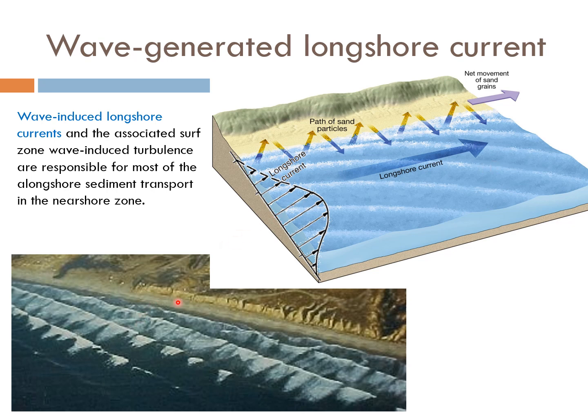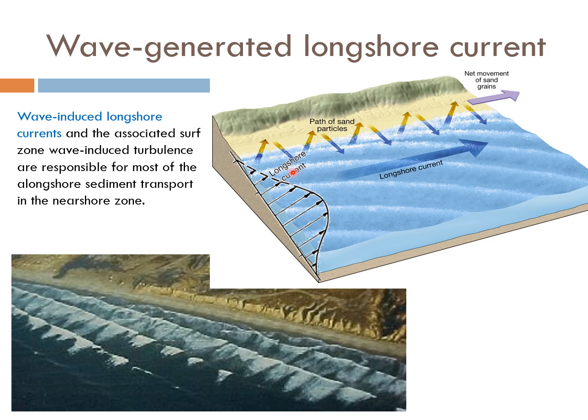Now the incident wave will carry sediment and wash it up the shore, but then the backwash will move back down in the direction perpendicular to the shore, following the beach profile under gravity action.